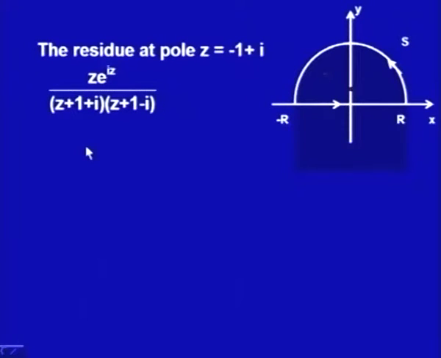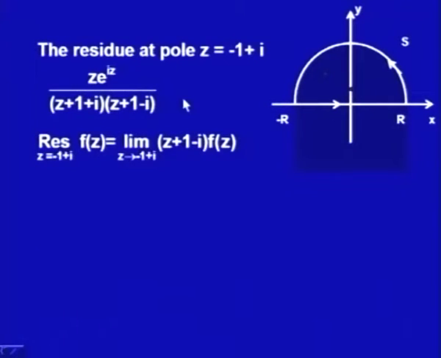We use our first method of calculating residue, which says the residue of a function f(z) at z equal to z naught, when z naught is a simple pole, is the limit as z approaches z naught of (z minus z naught) f(z). Here z naught is minus 1 plus i. So, the residue at z equal to minus 1 plus i of f(z) would be the limit as z approaches minus 1 plus i of (z plus 1 minus i) into f(z).